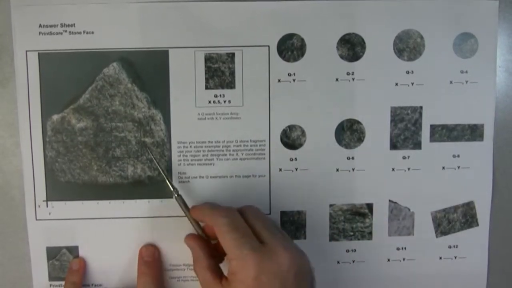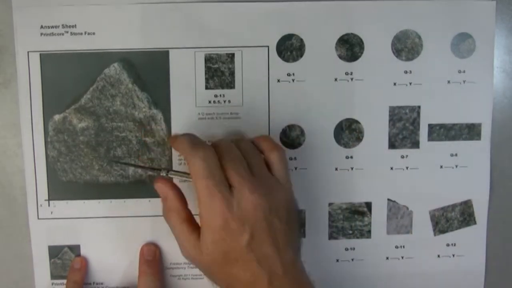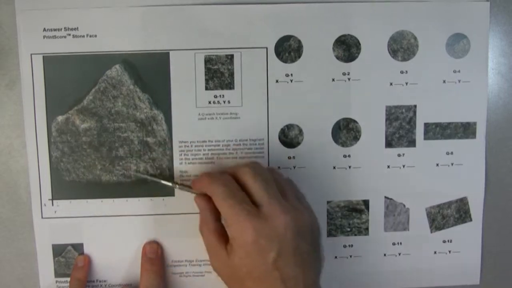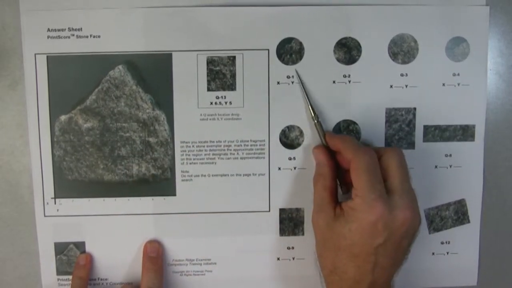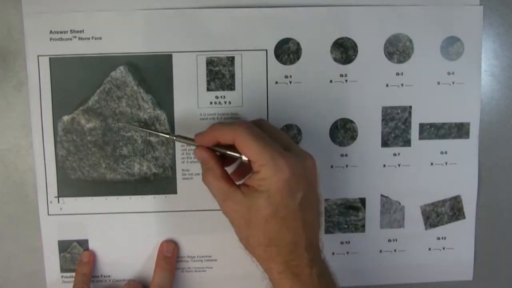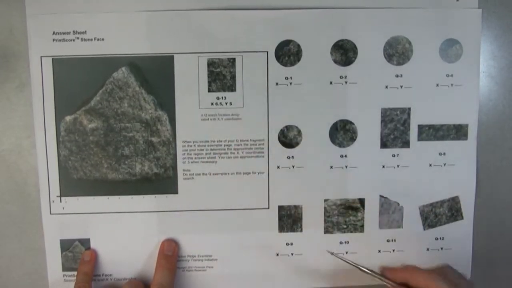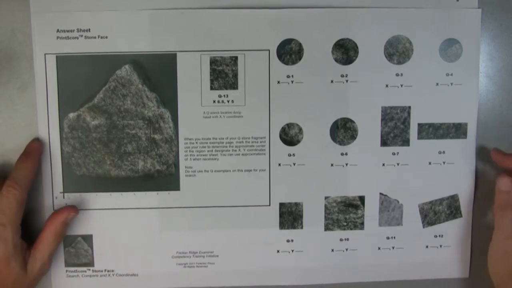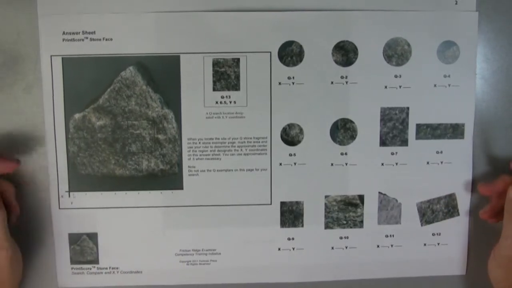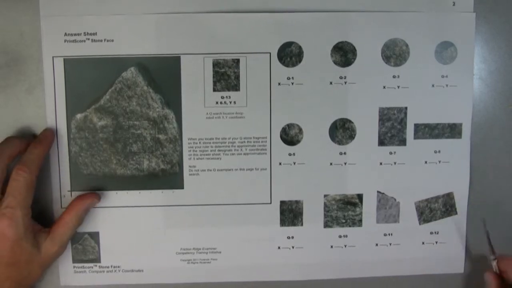So in other words, once you find it and you do the overlay, you'll find the approximate center and use the XY coordinates and mark it here. This will give us a numerical value for the identification area that you found. These two assignments, the stone face and the stone wall, will take approximately 45 minutes to an hour for each one.